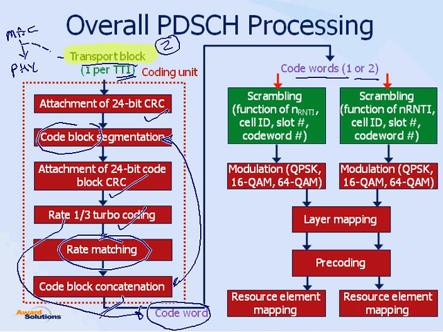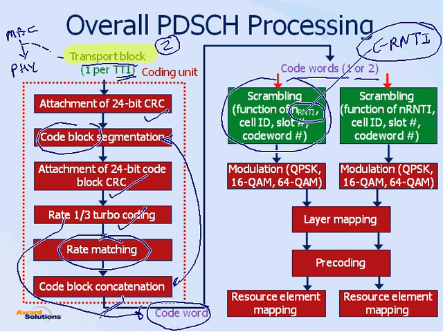So we can have 1 or 2 code words, and then we scramble the code word as a function of the C-RNTI, the radio network temporary ID. That is the unique ID of the UE as far as the air interface is concerned. Then we do the modulation. 3 schemes are supported: QPSK, 16 QAM, 64 QAM.